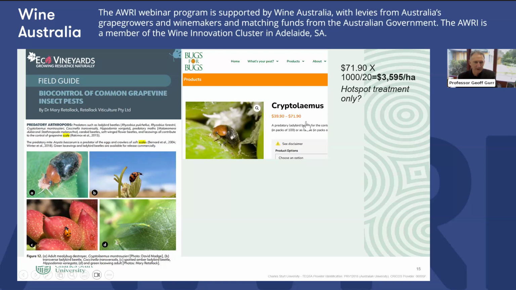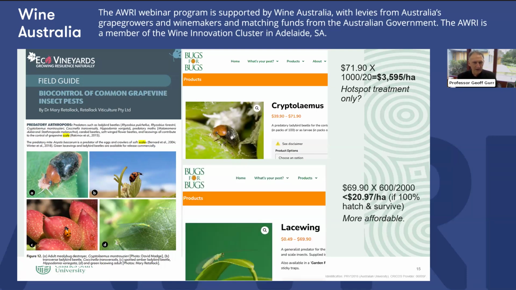So for Cryptolaemus, this quite spectacular two-toned predatory beetle, it can be purchased from commercial insectary companies, but the costs work out to be about $3,500 a hectare if one were to try and treat in a very spatially broad manner. And so I think the funding side of the equation here would mean that this is for hotspot treatment only, rather than trying to treat the whole vineyard, because you quickly go broke with that.